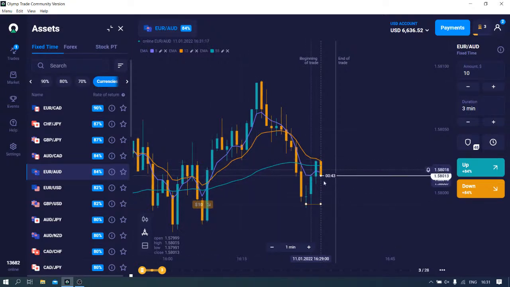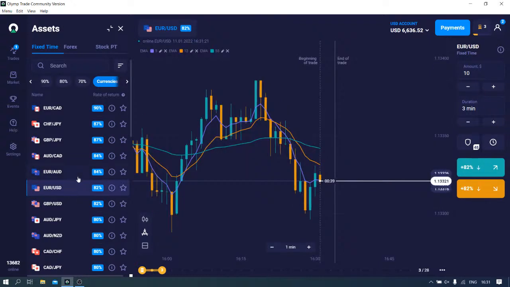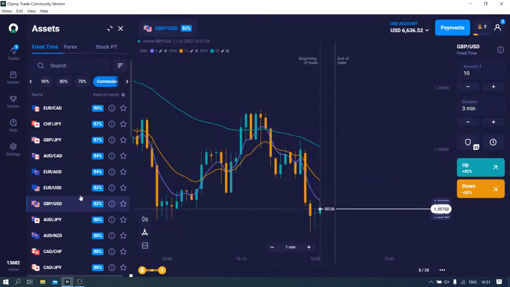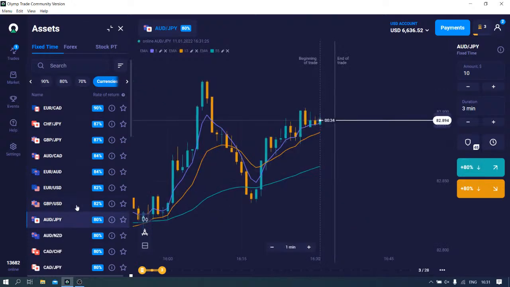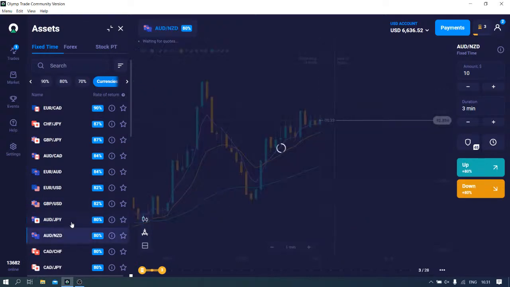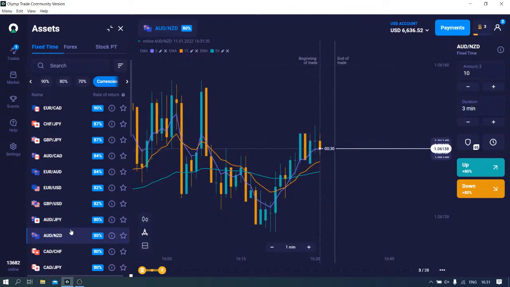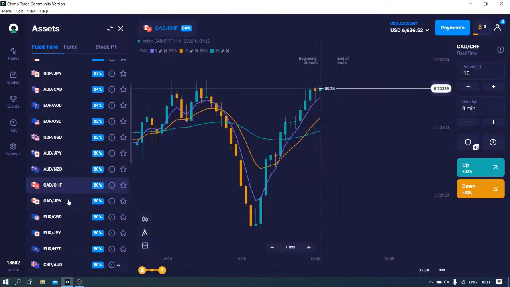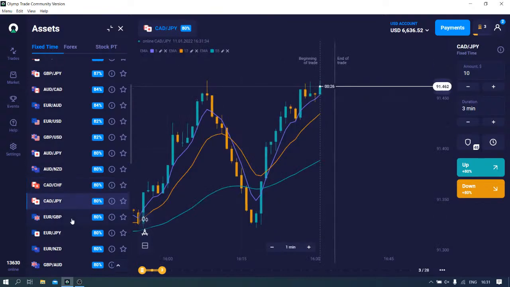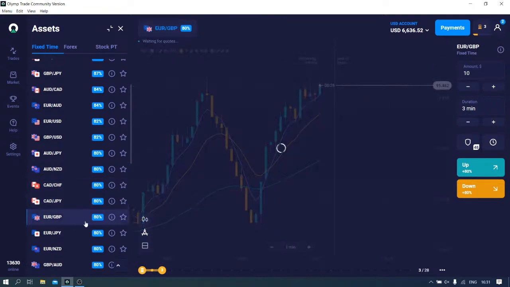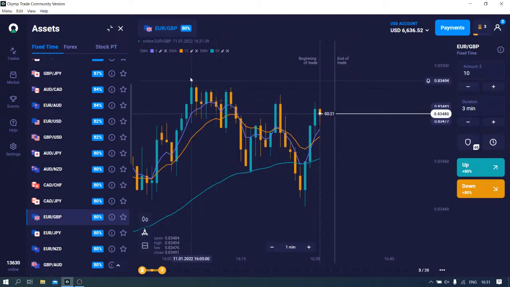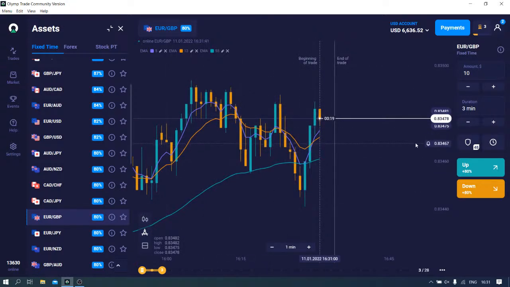Okay, so I guess this trade will be negative. It may happen, no worries. And let's proceed to another trading asset. And the Oscar goes to, okay, let's make it euro against the British pound.